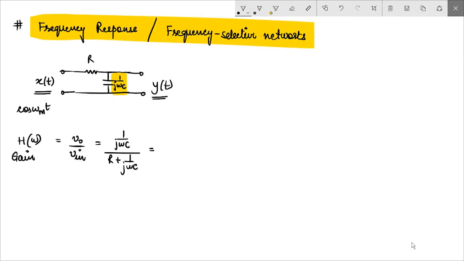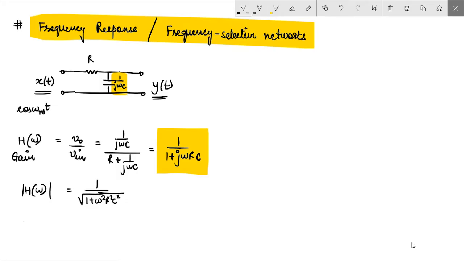This gives us 1 upon (1 plus j omega RC) as the gain. Because this is a complex number, we could represent this to have a magnitude component and an angle component. So the magnitude component is this, and the angle component was found to be this.